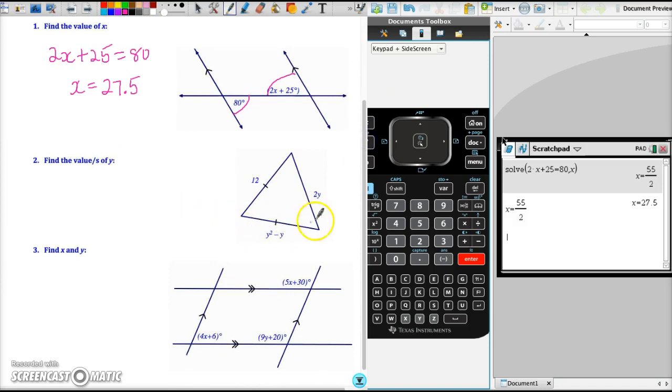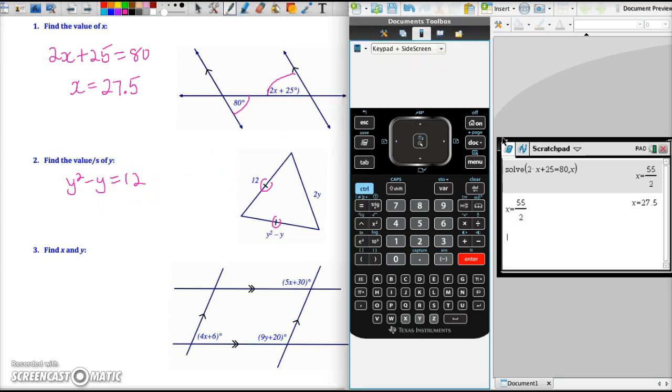Let's go to the second one. In this particular case, we are given an isosceles triangle. Using the isosceles triangle biconditional, hopefully you realize that the congruent sides, y squared minus y, must equal 12. This is a quadratic equation because of the squared, and so the procedure for solving is essentially the same as for solving a linear equation.